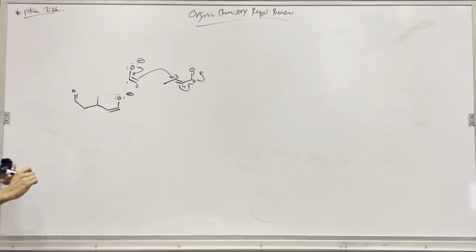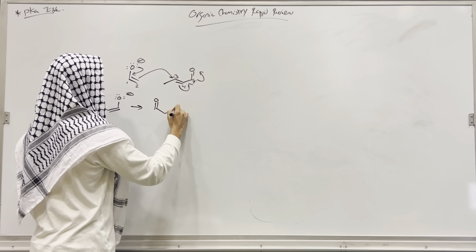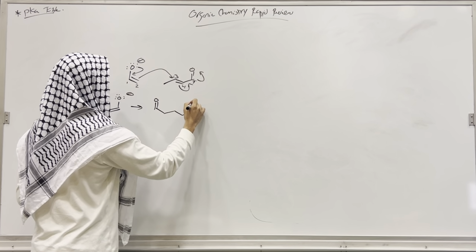And then, when you quench that, you get what? Quenching is just protonating. You quench it with an acid. And this is an enol, and you quench in acid, so it's going to undergo a keto-enol tautomerism. So it's going to tautomerize into that.